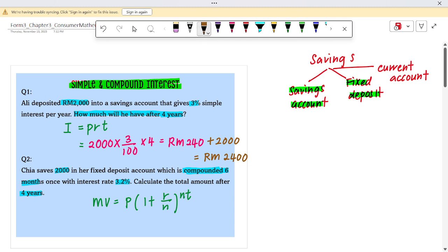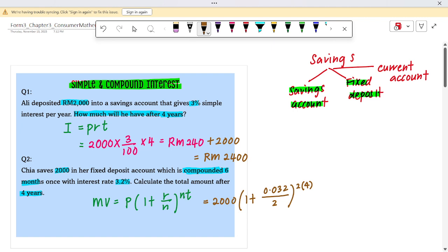So in this formula, we are going to substitute as usual your principal 2,000, 1 plus your interest, which is 3.2%. We will directly convert into a decimal, which is 0.032, divided by n. n is the number of times our interest is compounded. It's compounded once every 6 months, so in a year you will be getting your interest 2 times. Your n is 2 and your time is 4 years.